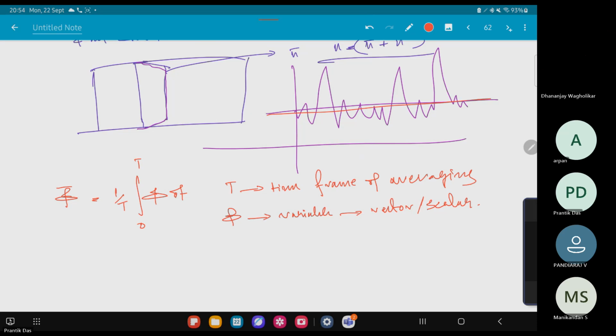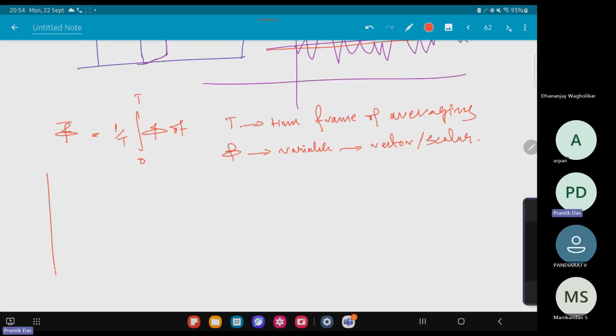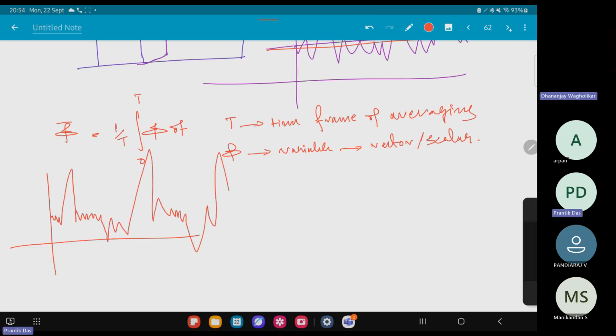Okay. So T should be large. For example, if I do the time averaging for only some 6 months or 1 year, the value of the average will not be the same as that for 2 years.